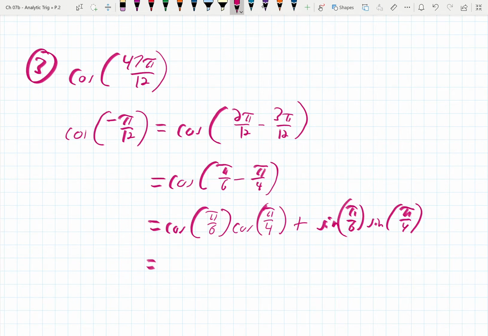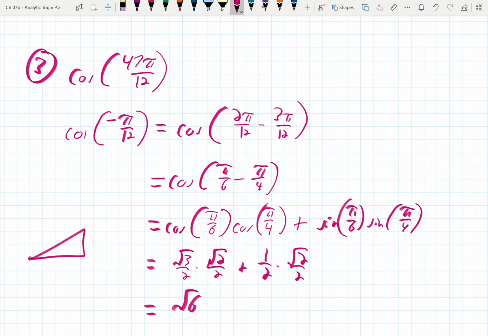Cosine of pi over 6, let's draw it out, is root 3 over 2. Root 2 over 2 plus 1/2 root 2 over 2. And okay, huge surprise here. We get root 6 plus root 2 over 4.